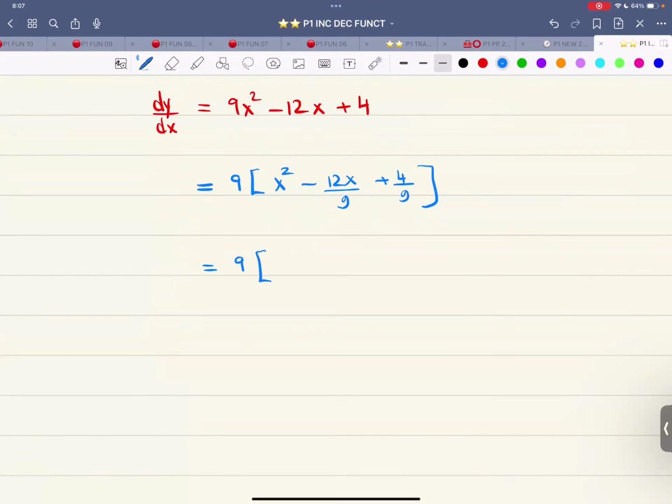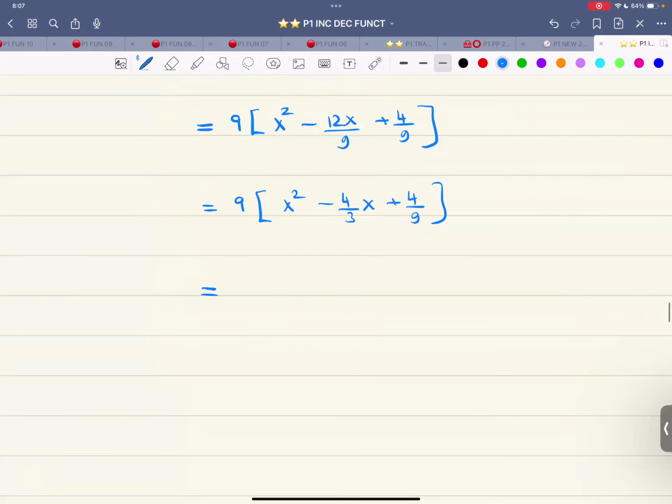This is 9 times x squared minus 4 third x plus 4 over 9. And then the completing square method: x squared minus 4 third x plus bracket square minus bracket square plus 4 over 9. What goes inside the bracket? Half the coefficient of x, that is negative 2/3.